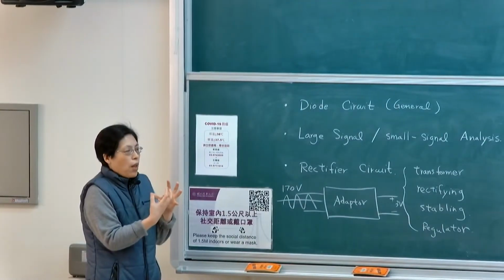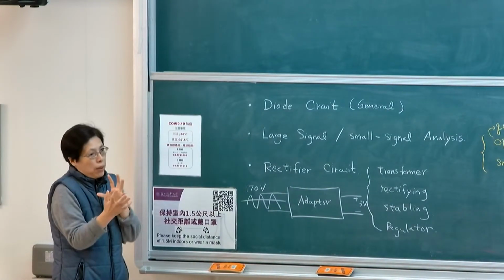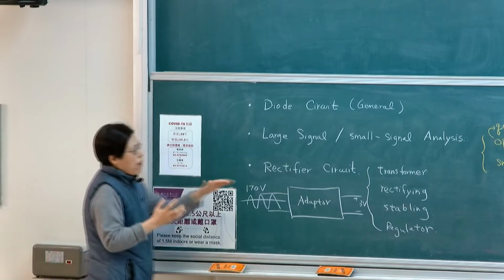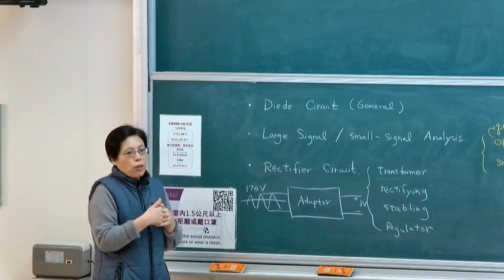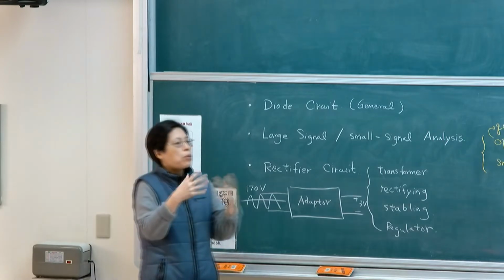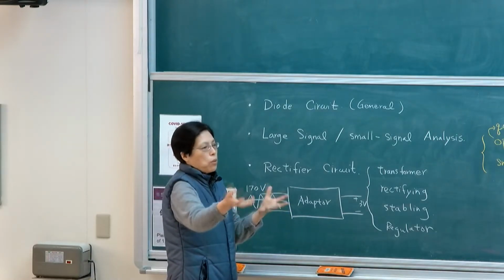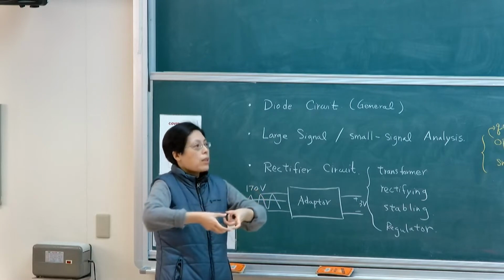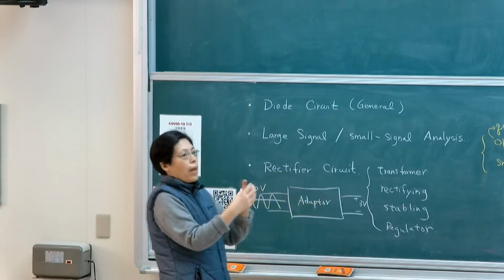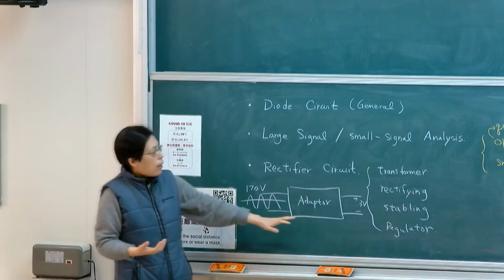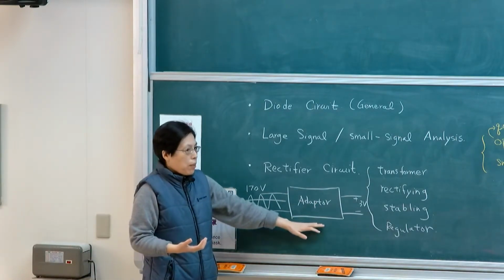I think the main part or the core of this chapter, one of the key topics, is called the rectifying circuit. So we're going to spend a little time talking about what happens in your adapter. Everyone has a computer, and when your pad needs to charge up, you have an adapter. I didn't bring an adapter, but you can see one. So what is actually inside the adapter?